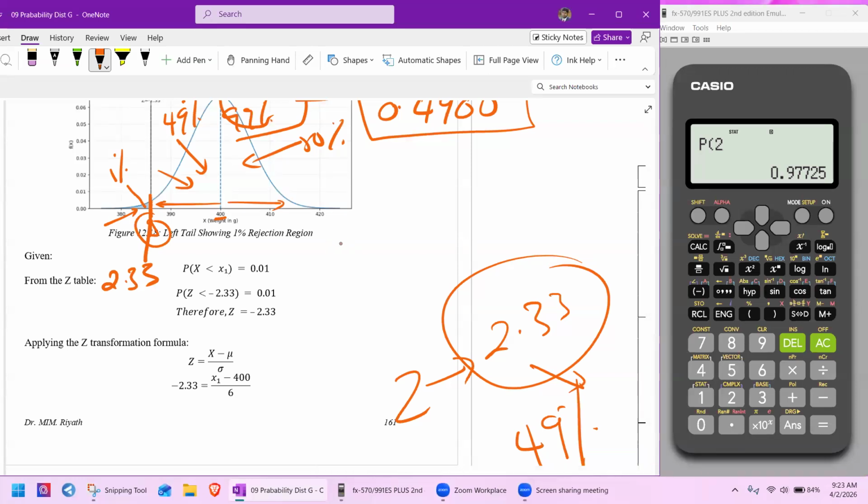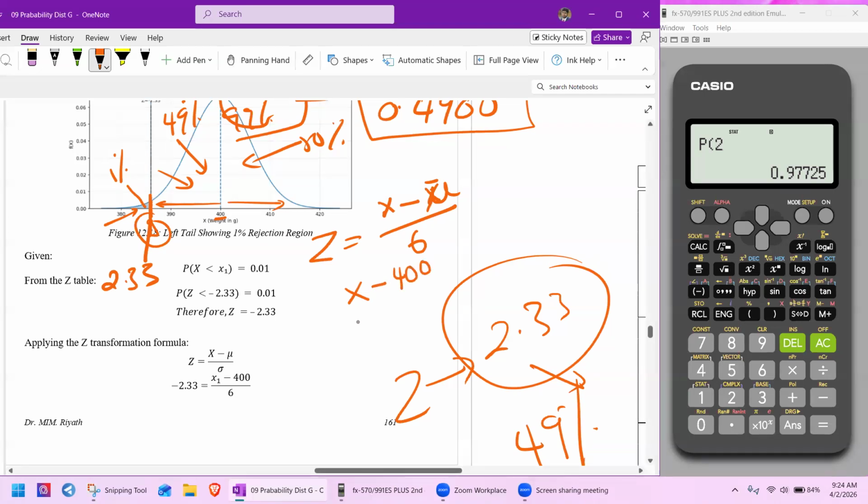Here we know the formula, Z equals X minus mu divided by the standard deviation. Here we don't know the X value, we have to find it. The mu is 400, the standard deviation is 6, and Z we know is 2.33.